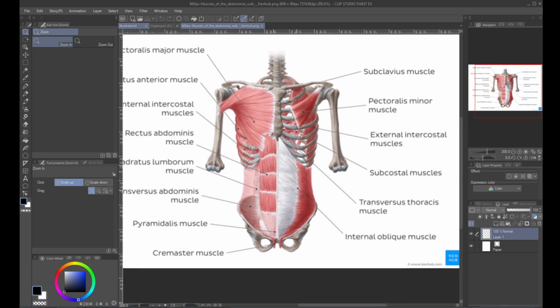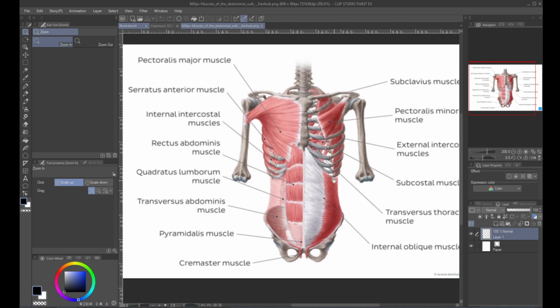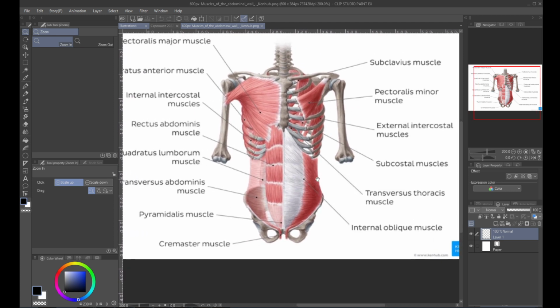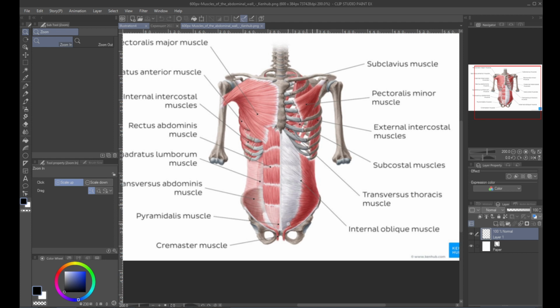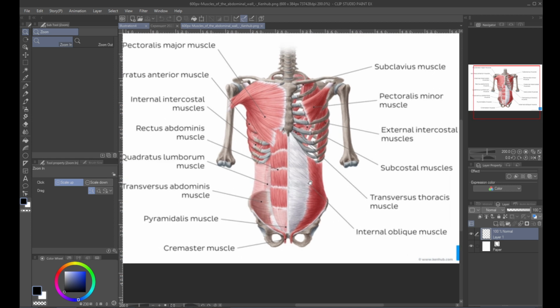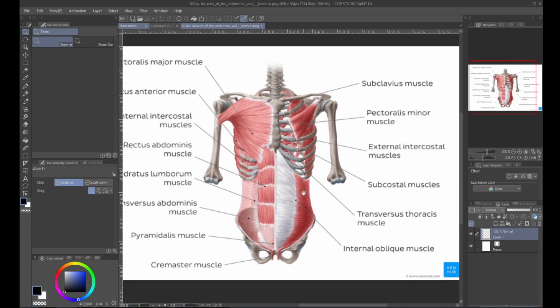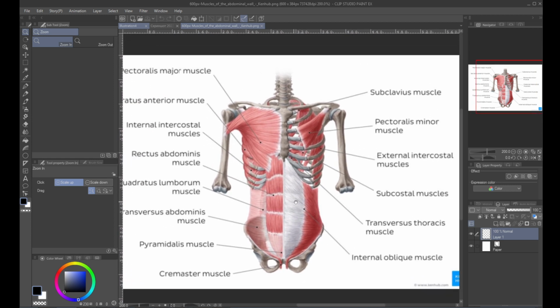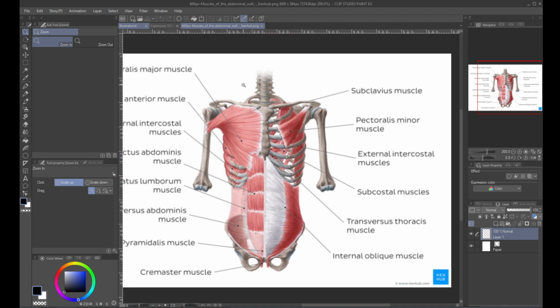Then we have this, and of course they change their form. For example, in the zone of pyramidalis muscle, it's more like cone shaped or pyramid shaped, and we'll discuss all that in detail, but we can discuss it without the rib cage.